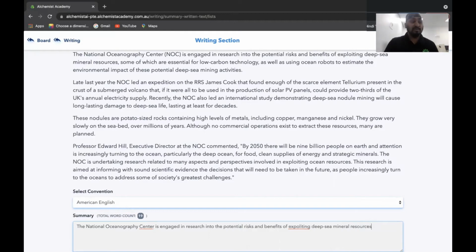Okay, let's just stick to this one. I would just want to talk about that this center is engaged in research into the benefits of exploiting the deep sea mineral resources.